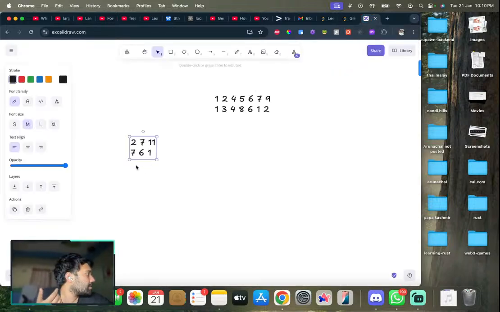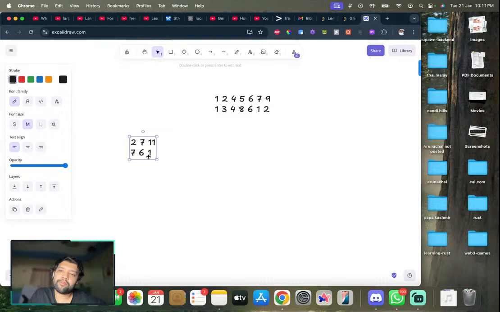Should work. At this point, it is 0. At this point, it will be 1. 1? No, 6. So, sum of everything minus the sum till here. If this was the point, it will be 1.